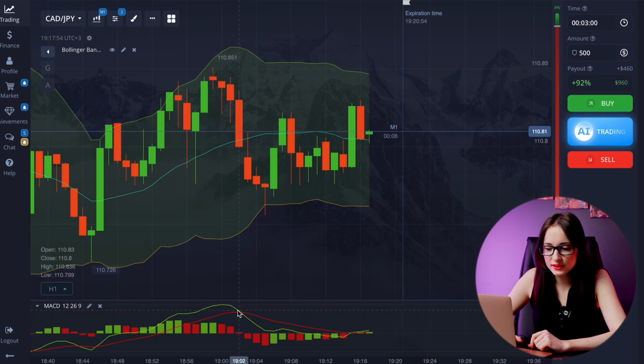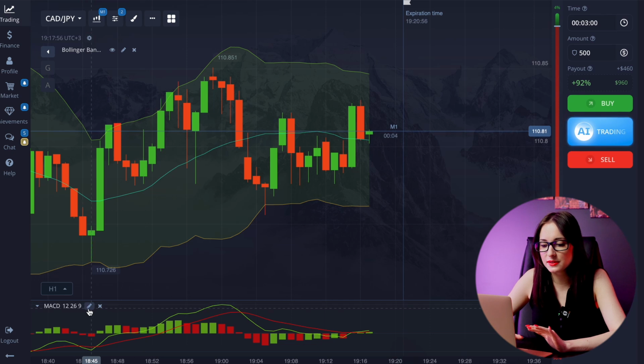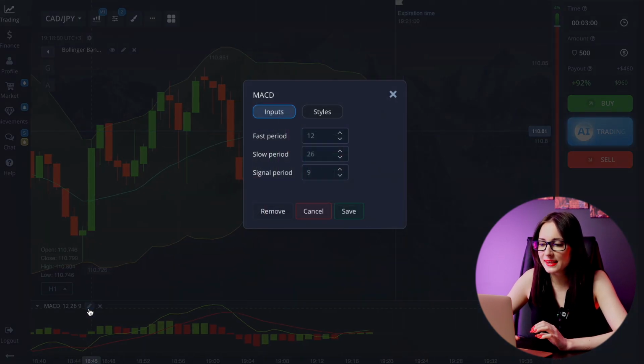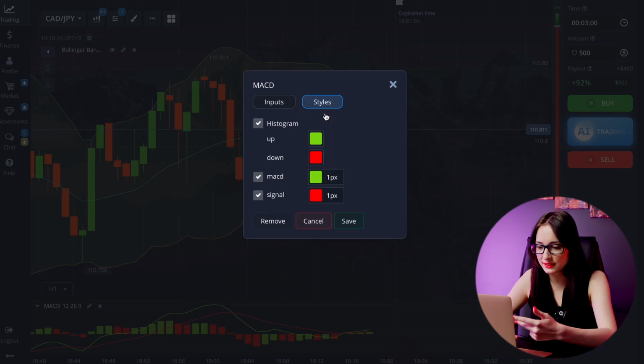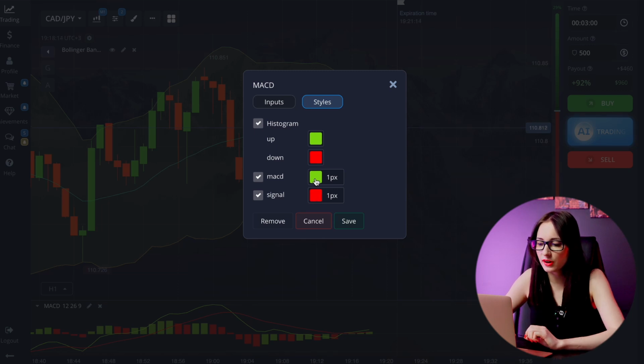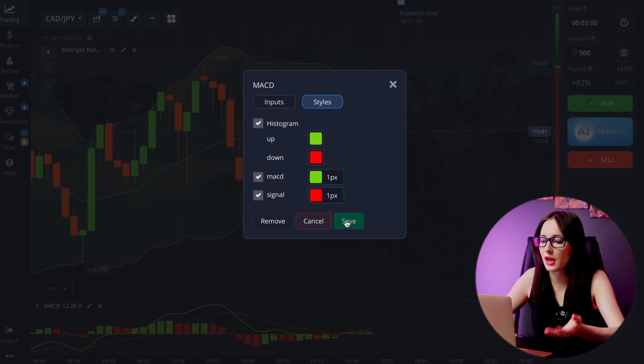If you press the button pencil, not for editing but just for our understanding, and press the styles, we need to understand that the MACD contains two lines, two moving averages, and it is the MACD line, the green line, and the red line, the signal line. Remember, MACD, green line, signal, red. Of course, you can edit the colors, but I'm okay with using the ones that are set already.